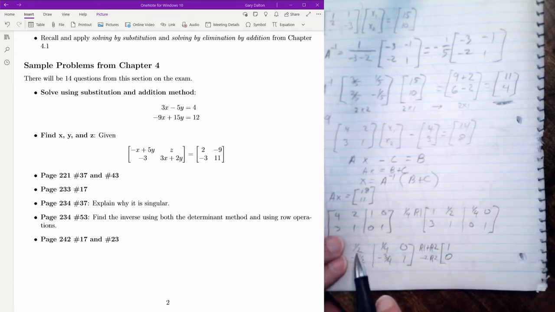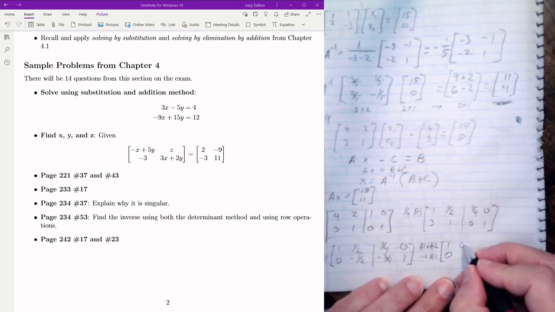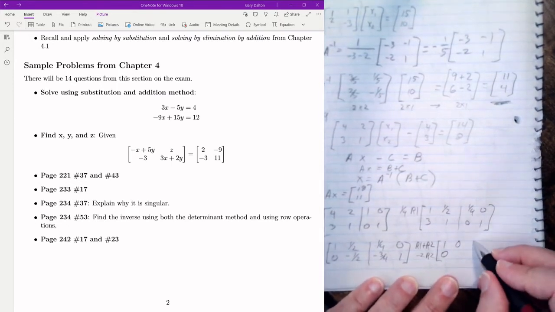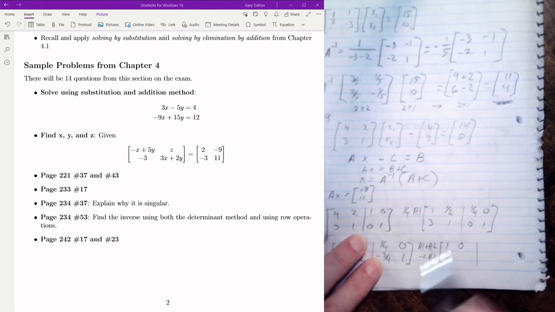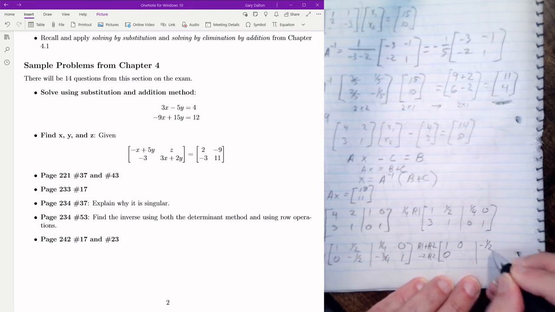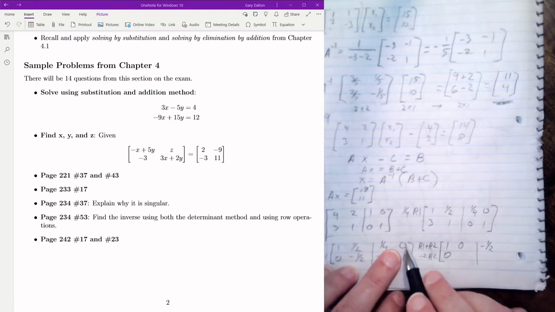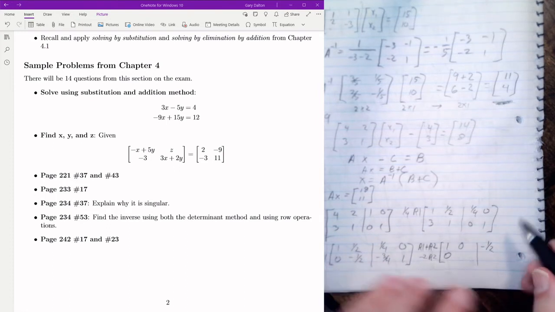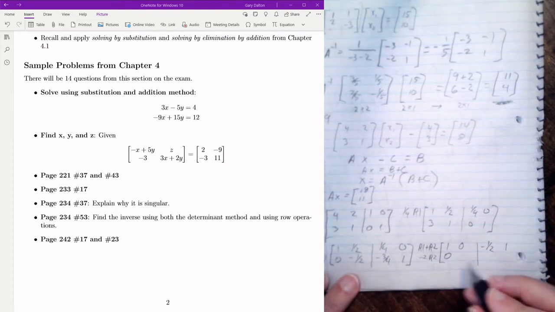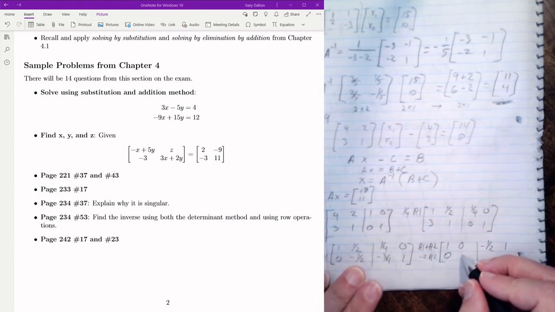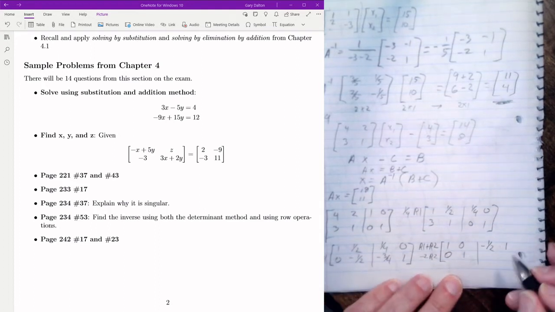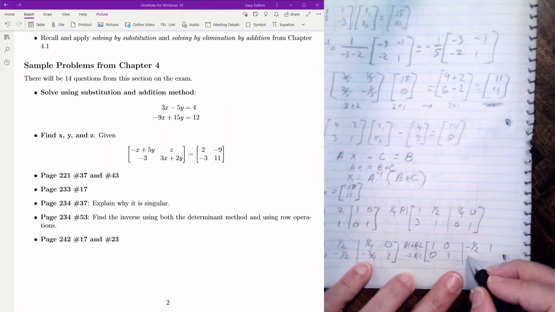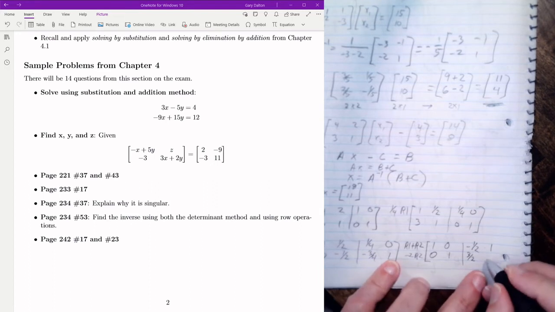Notice that when we add 1/2 minus 1/2, we end up with a 0. 1/4 minus 3/4 is minus 1/2. 0 plus 1 is 1. The bottom row, we're multiplying it by minus 2, so we have a 1, and again this will be positive 3/2 and minus 2.